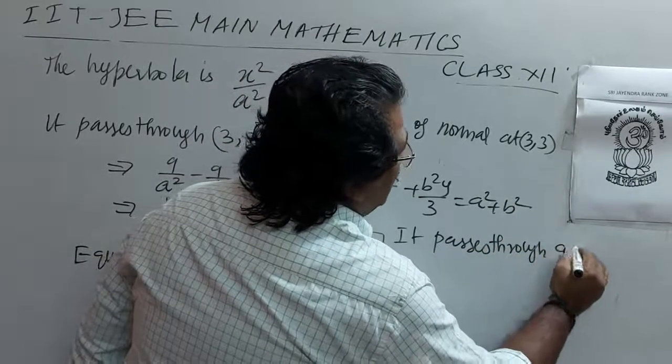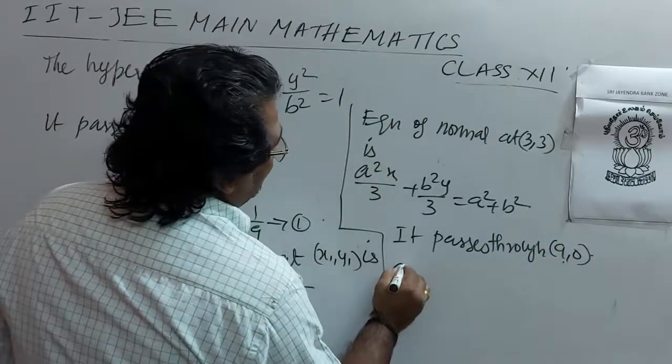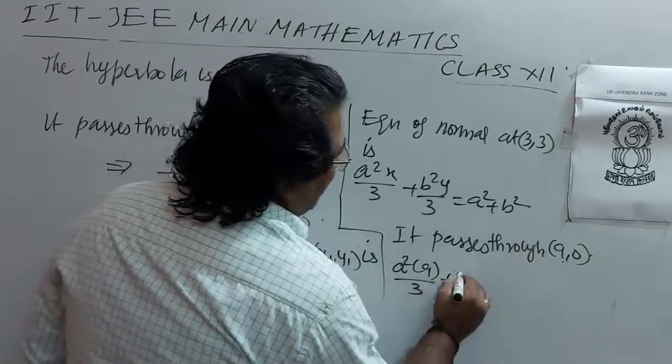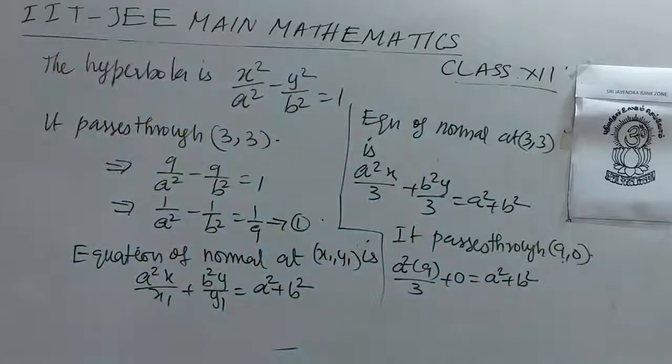This normal passes through (9, 0). So a squared into 9 by 3 plus 0 equal to a squared plus b squared.